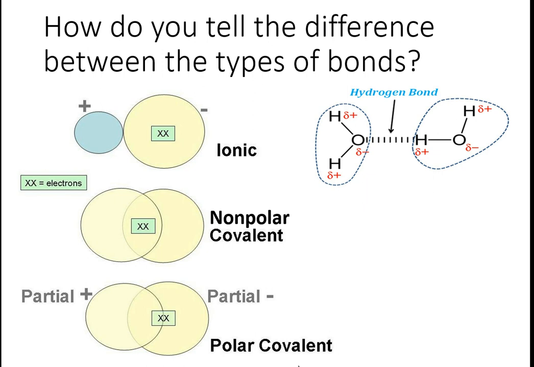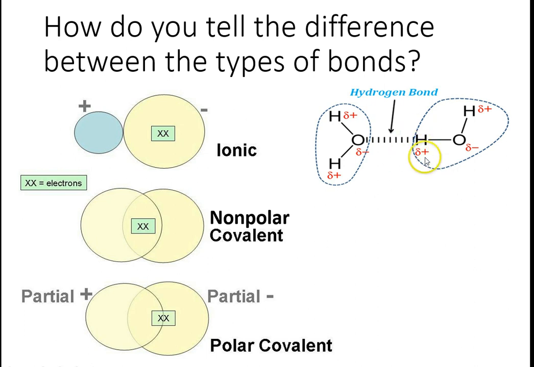The other thing that we looked at is called a hydrogen bond, but it's really more of an attraction. What we see here is a water molecule held together by polar covalent bonds. Our oxygen has a partial negative charge. We have another water molecule over here held together by polar covalent bonds, and our hydrogen has a partial positive charge.